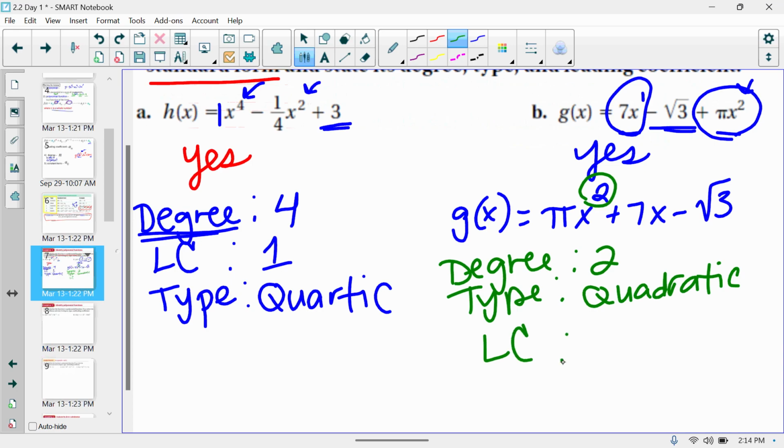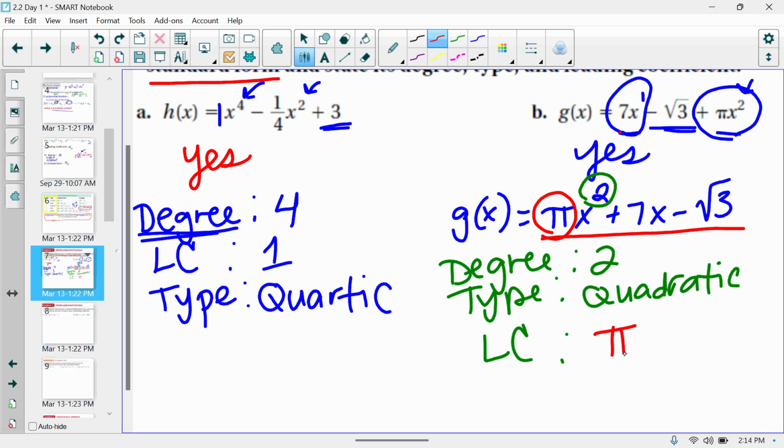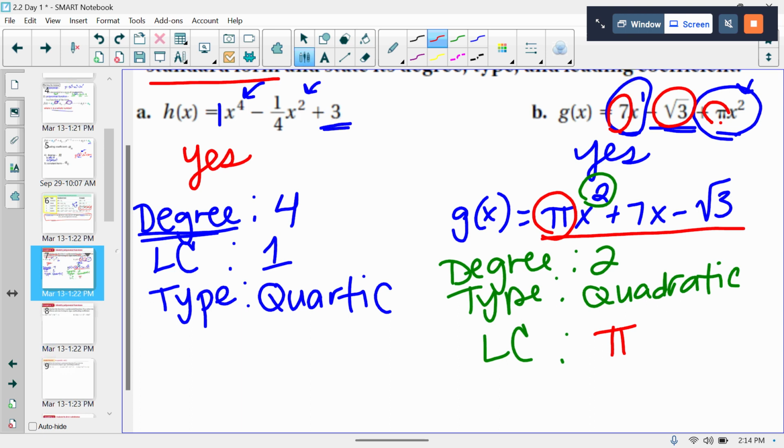Remember, don't try to tell me it's 7, because it has to be the coefficient that comes first after you put them in the right order. So it's pi, okay? Like it has to be written in standard form before you try to figure out which one is the leading coefficient. Because all of these things are coefficients, but the one that comes first when they're in standard form is called the leading coefficient, okay?